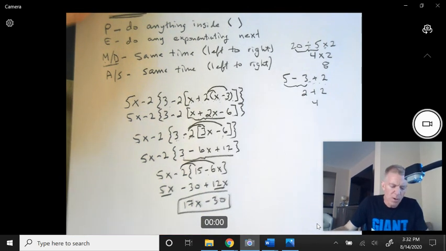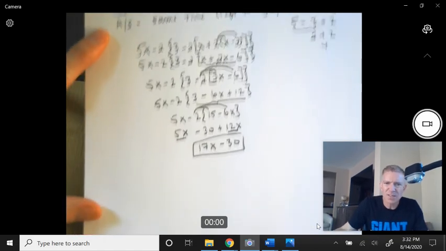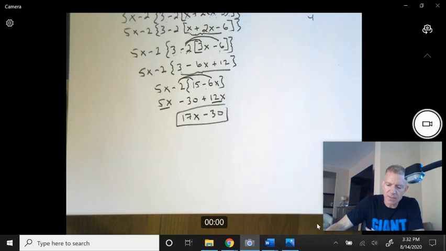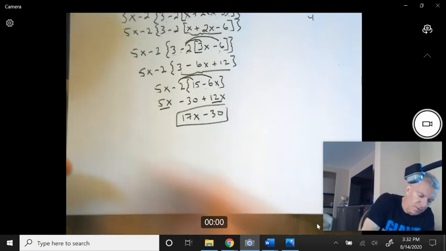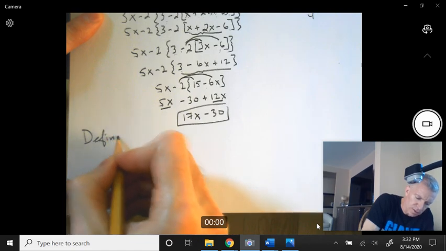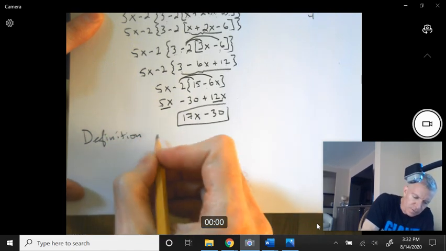Okay. One last thing I want to talk about is some definitions. We talked about the field axioms. Axioms are things that are accepted as true without proof. Okay. There's a couple of definitions we have also. Definition of subtraction.